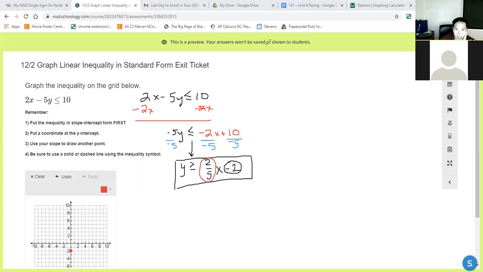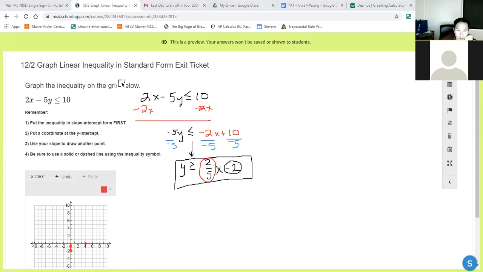So that means I'm going to go up 2 and then to the right 5. So 1, 2, going up 2, and then to the right 5. And then I plot my next point right here.